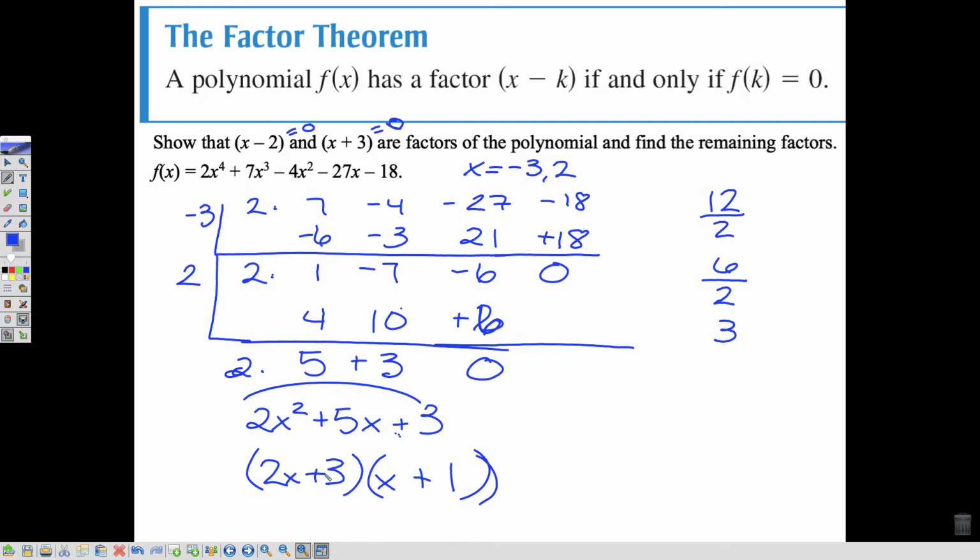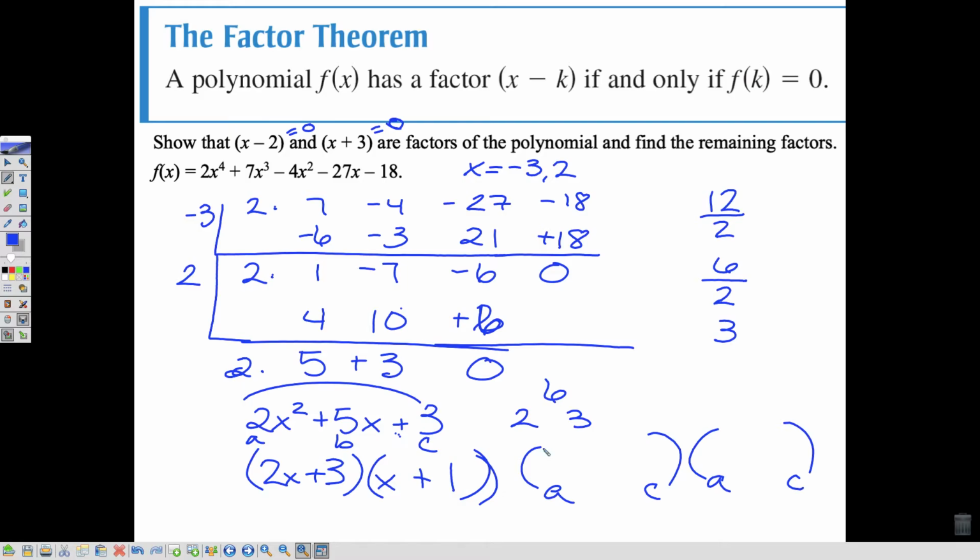Okay, we have 2 times 3 is 6. The factors of 6 that add to 5 are 2 and 3. This is A, B, C. When I factor, I get the factors of A and the factors of C. That's how you factor.